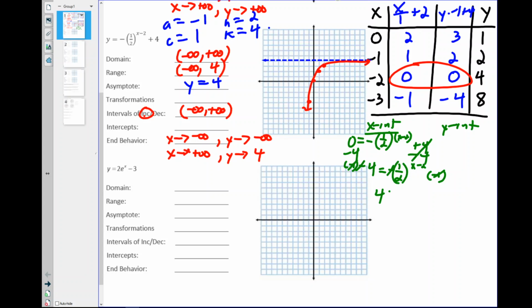So I get positive 4 is equal to the 1/2 to the x minus 2. Now that the base has been isolated, how do you get rid of that base? Log base. Yeah, log base 1/2. So log base 1/2 of 4 is what's equal to x minus 2. So put in the calculator log 4 divided by log 1/2. That should give you negative 2 is equal to x minus 2, plus 2, plus 2. 0 is equal to x.